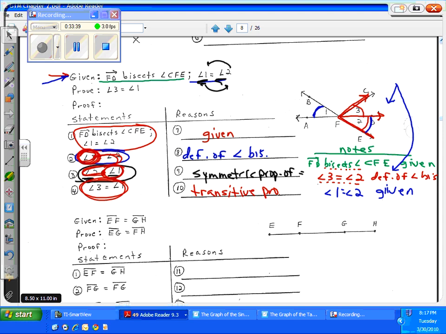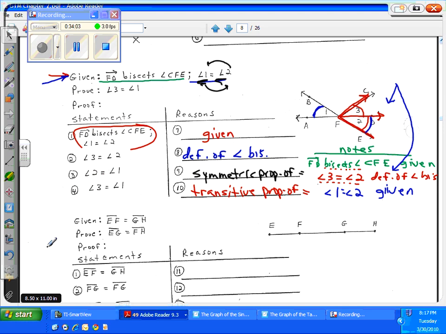We transferred from angle 3 through angle 2 to angle 1. Let me show you that again. We transferred from 3 through 2 to 1 and got 3 equal 1.